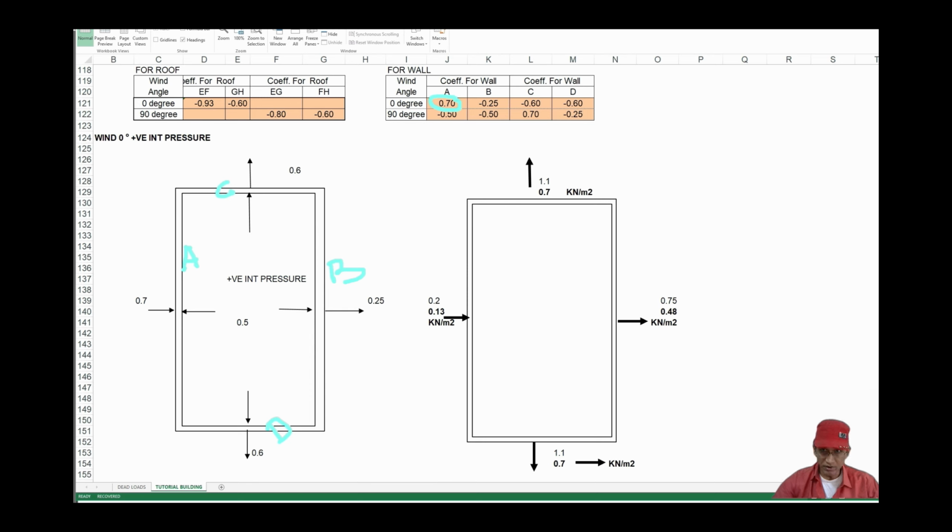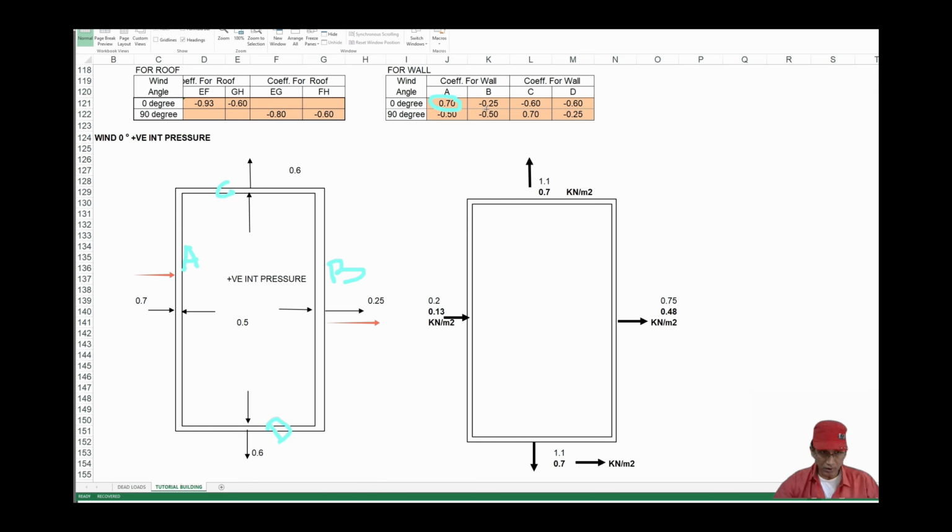Positive means towards the wall. So our external pressure coefficient shall act towards the wall. Then for wall B, it is minus 0.25. The minus sign indicates that it shall be away from the wall.